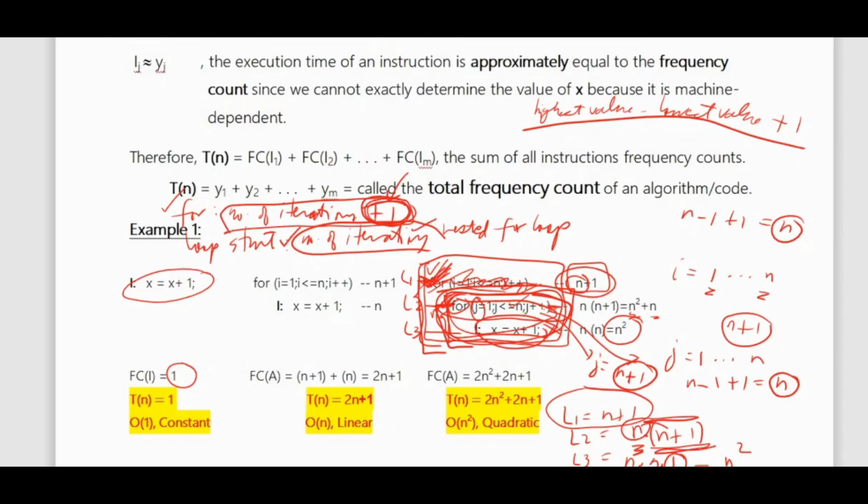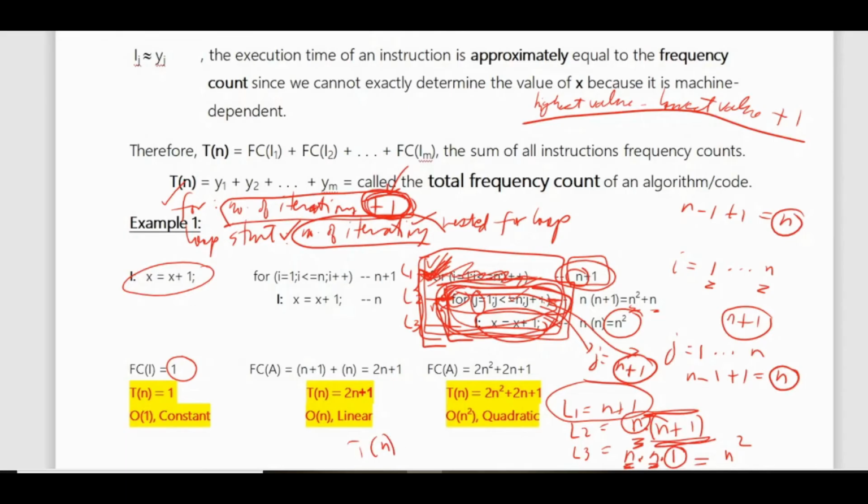And so you add all of these three lines. So T of n now for the second example would be L1 plus L2 plus L3. That is simply n plus 1 plus n square plus n square. So what is that?